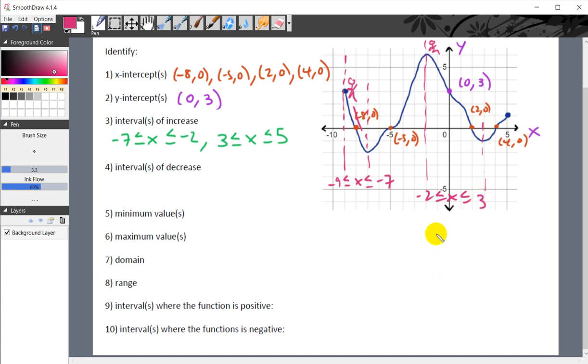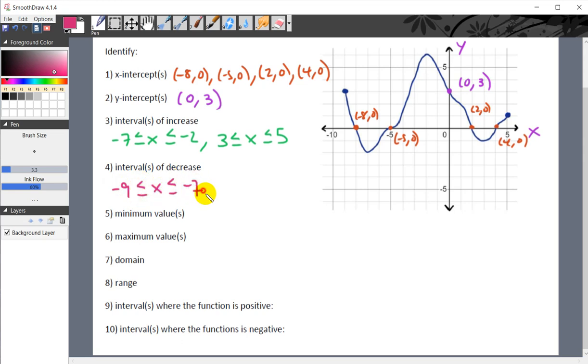Okay, so that's how we would identify our intervals of decrease. So let's go ahead and write that on the side as well. Okay, so -9 less than or equal to x less than or equal to -7, and the other one is from -2 less than or equal to x less than or equal to 3.